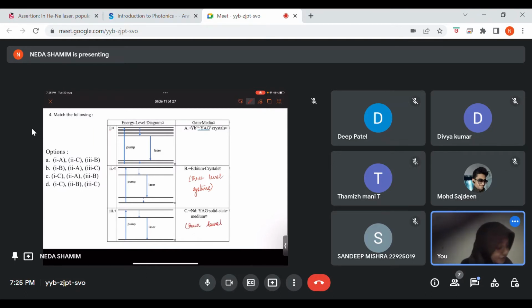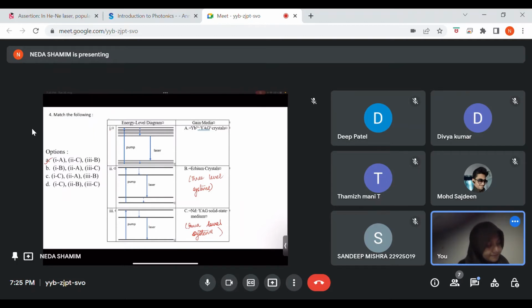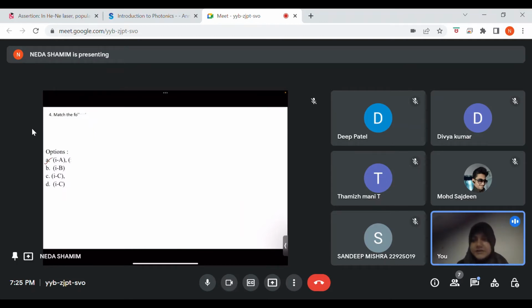We know about the two options, and we can see it. Nd:YAG is a four-level system. So C2 is A. So the correct option would be A. So this is the correct option.